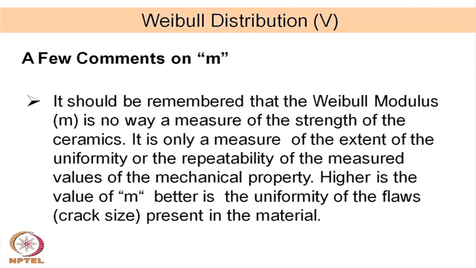It is only a measure of the extent of the uniformity or the repeatability of the measured values of the mechanical property. Okay. So, if the measured property, a large number, as you have mentioned, when you are trying to get reliable mechanical property data, you have to use a large number of samples, a large number of data points, and how reliable those data points are, m is the measure of that.